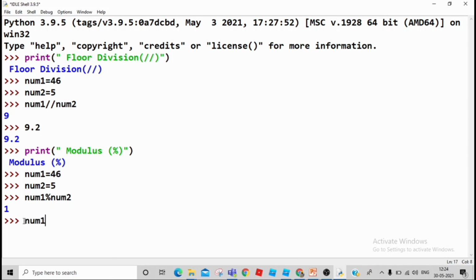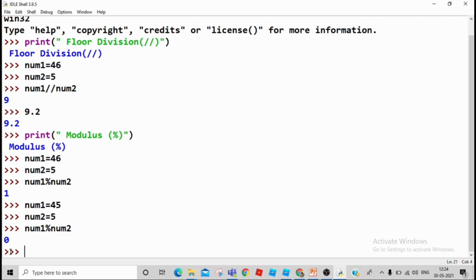So let's check. I will take 45, and number 2 as 5. Our answer comes as 0 because 45 divides by 5 fully, so there is no remainder.